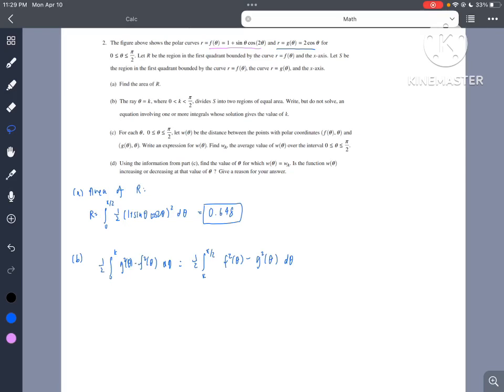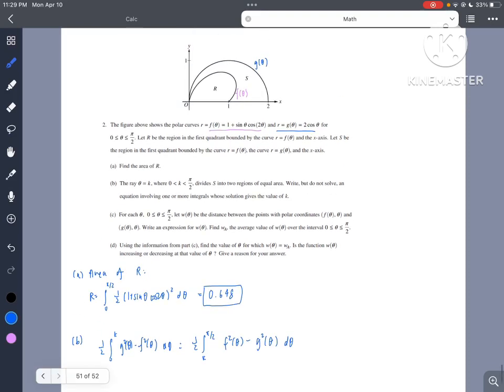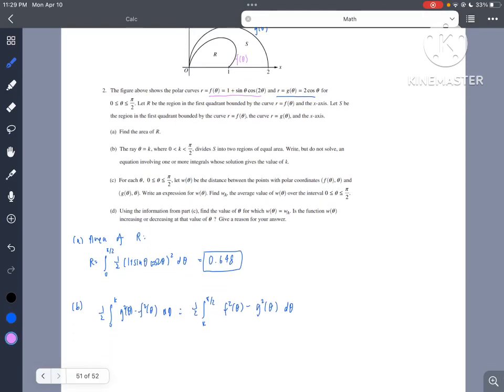And then we also note that if we want to find the area of S, we square g first and then subtract f squared. We don't do g minus f squared.